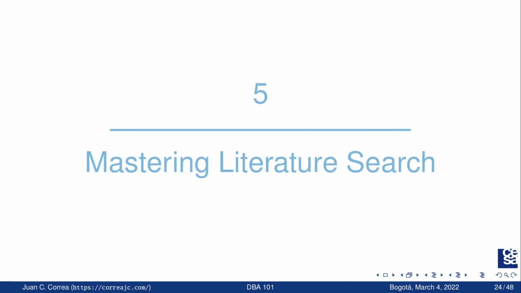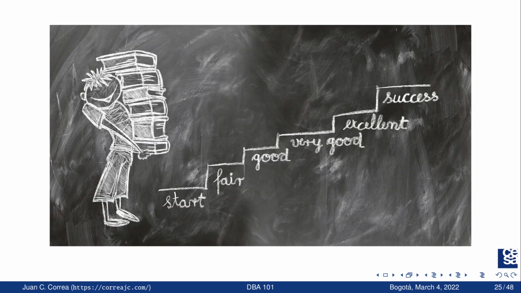So let's go straight forward then to our most important part of this lesson, mastering literature search. And for this particular topic in today's lesson, as I previously mentioned, we need to go step by step. You start with a short step, which is the one I'm going to illustrate for you in a moment.